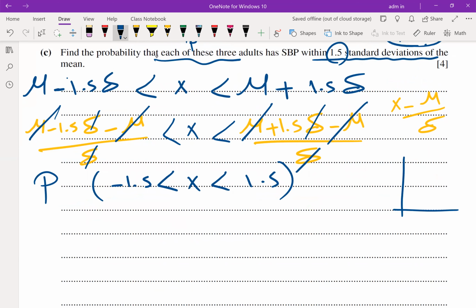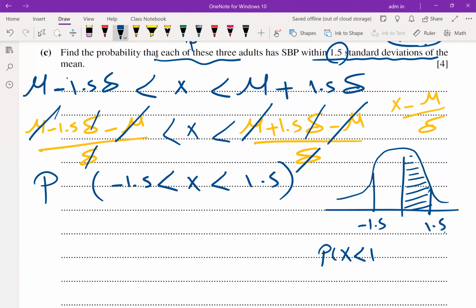How to calculate the probability of this part? If you look at the curve from negative 1.5 to positive 1.5, the first part is the probability of Z less than 1.5 minus 0.5.